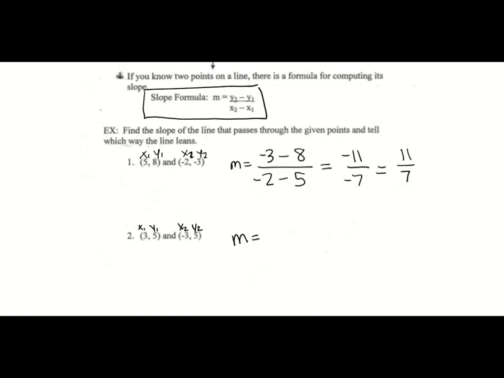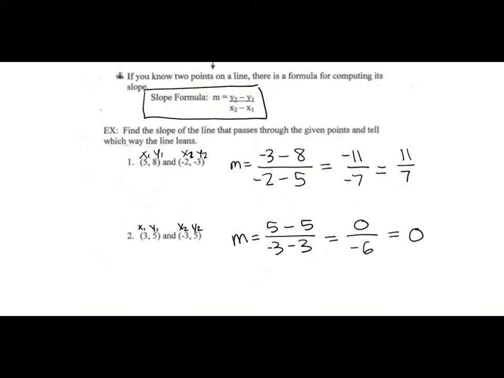My m equals my y2 minus my y1 over my x2 minus x1. 5 minus 5 is 0 over negative 3 minus 3 is negative 6. 0 over negative 6 is just 0.